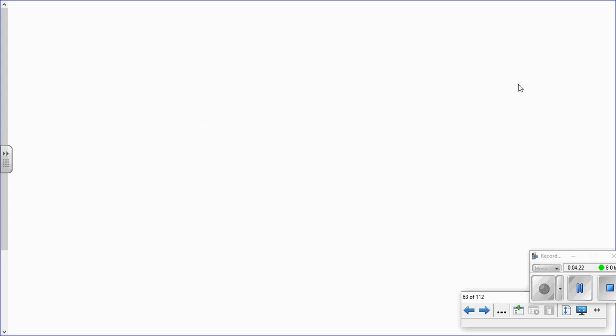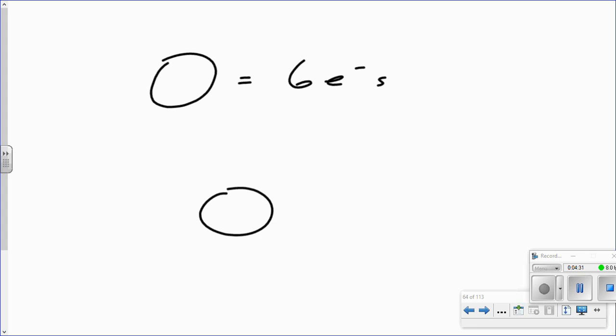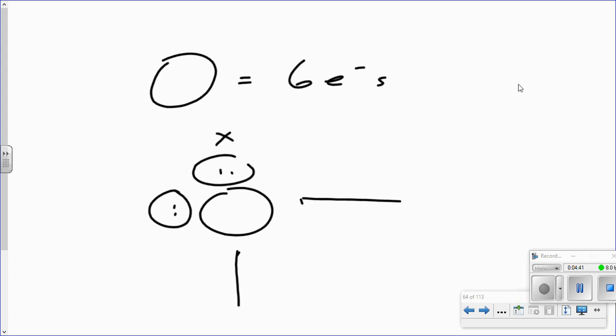If I have perhaps oxygen, oxygen has 6 valence electrons because it's in group 16. So here I have 1, 2, 3, 4, 5, 6. Where would the bonds be now? They would be on the right side and the bottom. This is a lone pair, this is a lone pair. There's no bonding there.